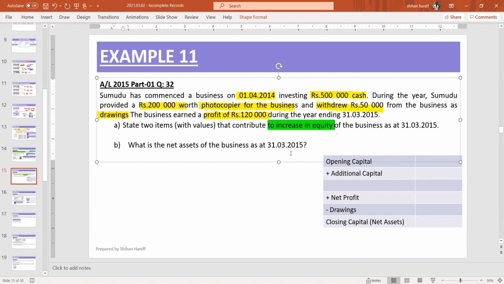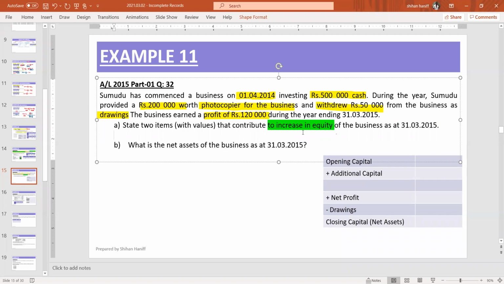Right. What is the answer? State two items with values that contribute to increase in equity of the business.